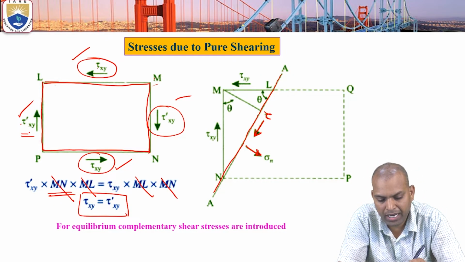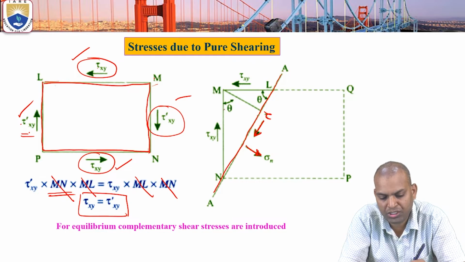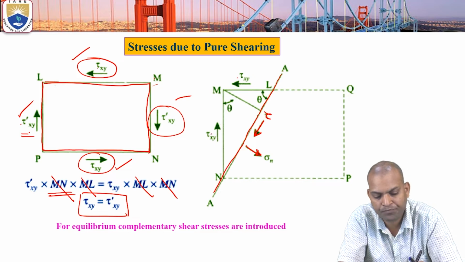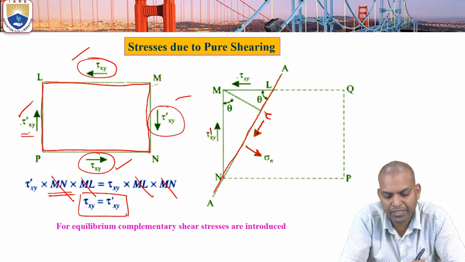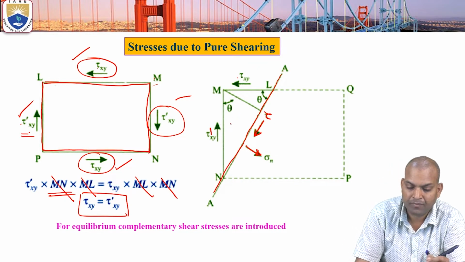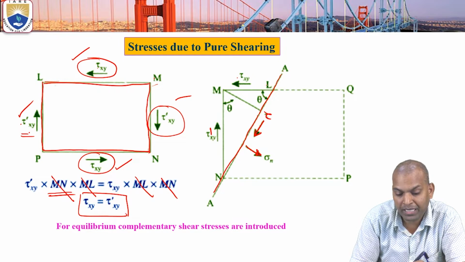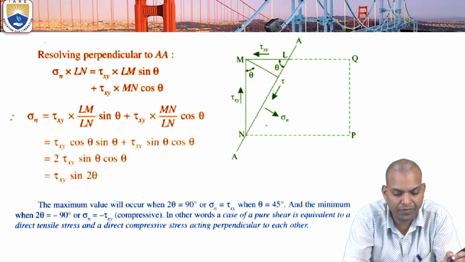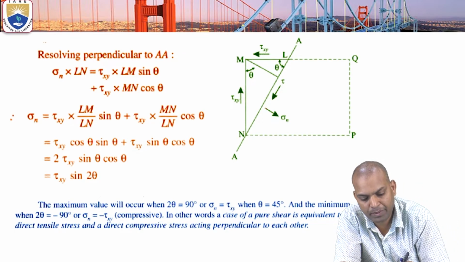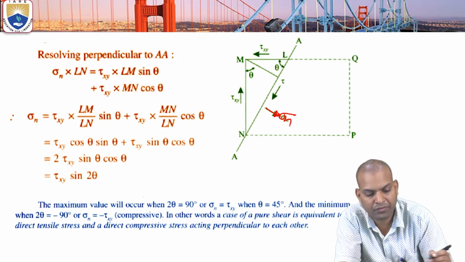Now we have to resolve the stresses tau xy and tau dash xy along the plane AA or LN and normal to the plane LN. Resolution normal to the plane gives the sigma n value, and resolution along the plane LN gives the tau value. Now resolving perpendicular to AA gives sigma n.